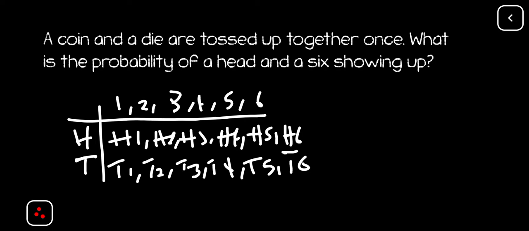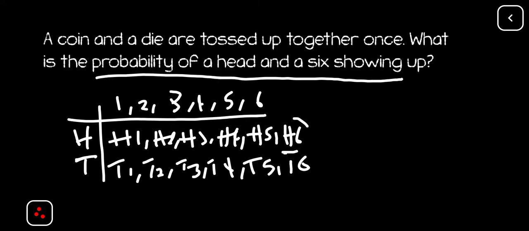But the question here, they want us to find the probability that it is a head and a 6 showing up. So the probability that once you do it, it's a head and a 6. Since they say once, a head and 6 appears just once here.